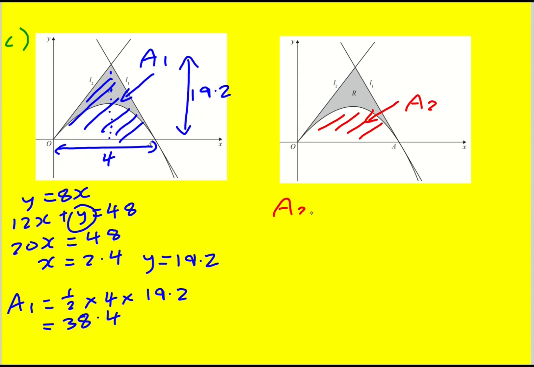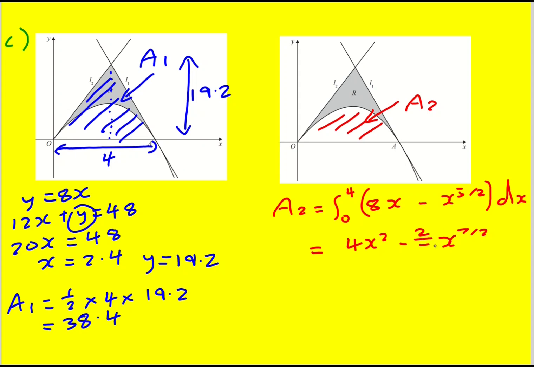Now for A2, this is going to be the integral from 0 to 4 of the function we had at the start. So that was 8x minus x to the 5 over 2. I will get 4x squared when I raise the power by 1 and divide by 2. And then over here, I'm going to raise the power by 1 to get 7 over 2, and divide by 7 over 2, same as times by 2 over 7.